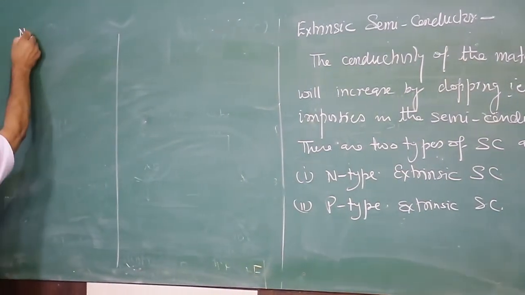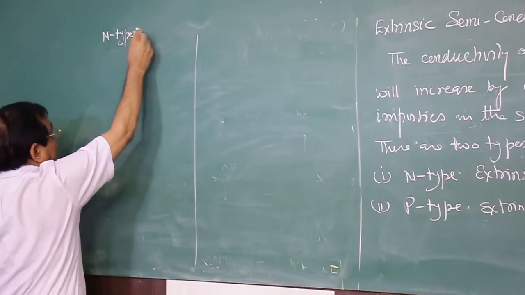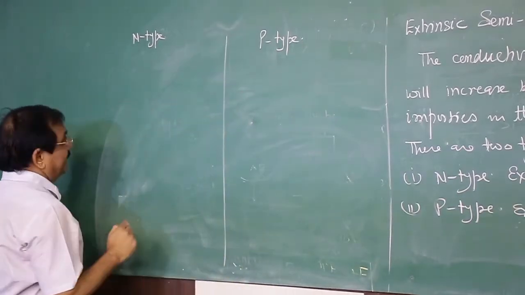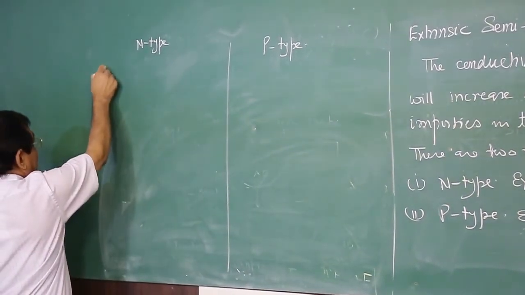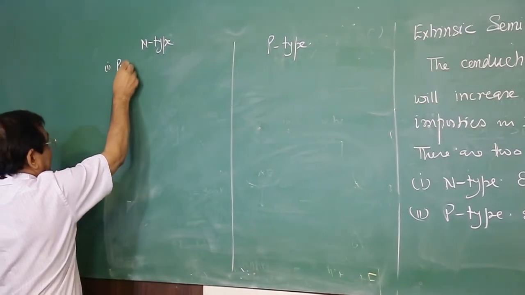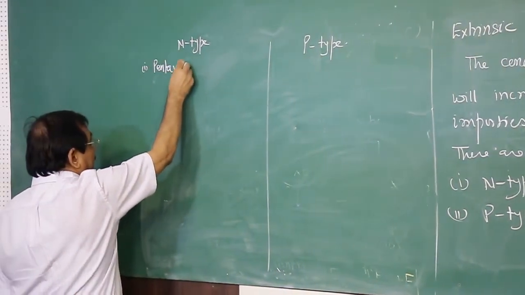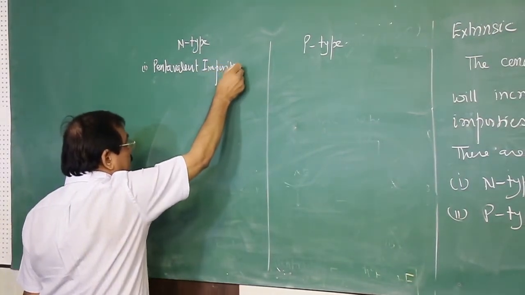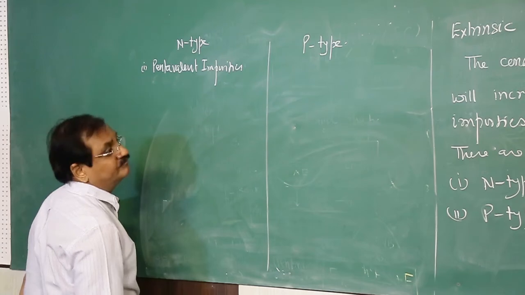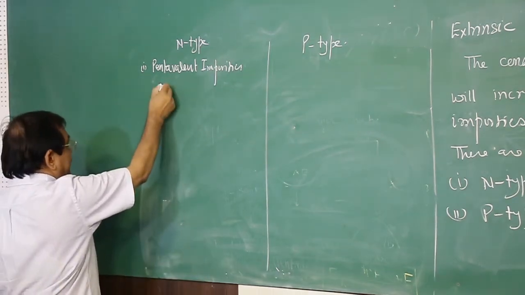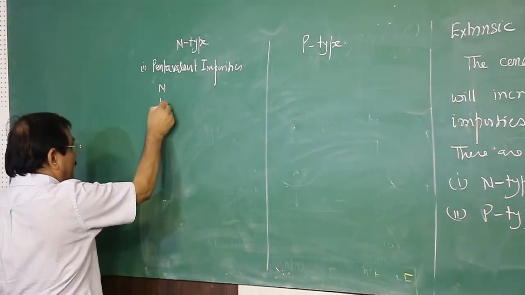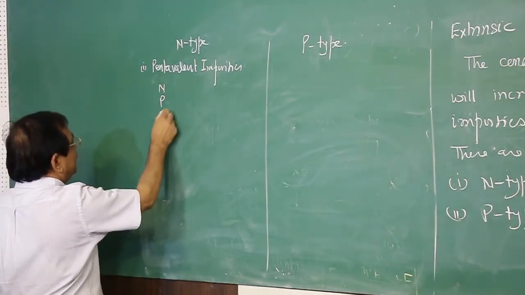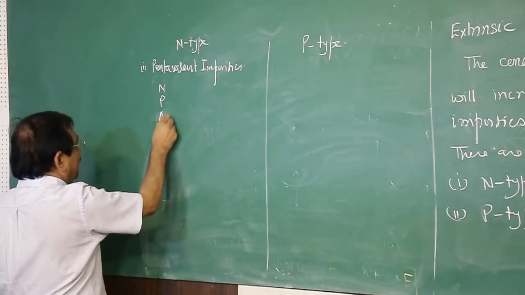Suppose there is N type and here it is P type. So, in case of N type, the impurity is pentavalent impurities, that is, say, nitrogen, phosphorus, antimony, bismuth.